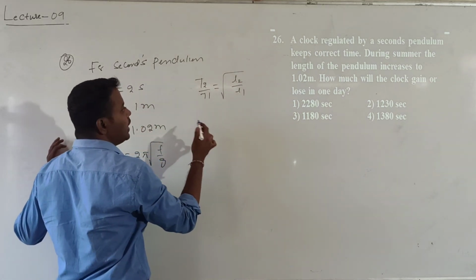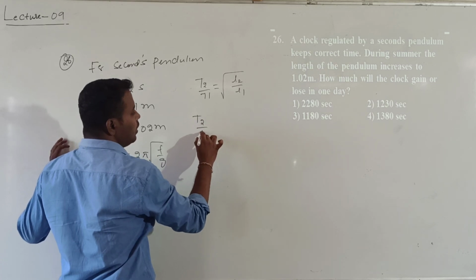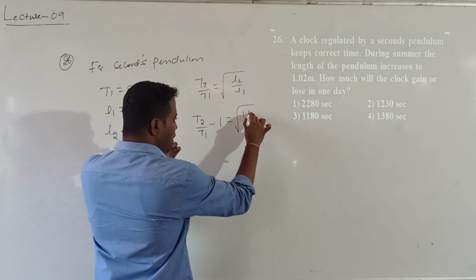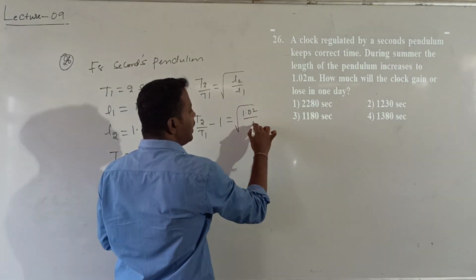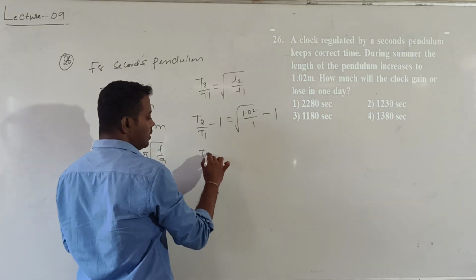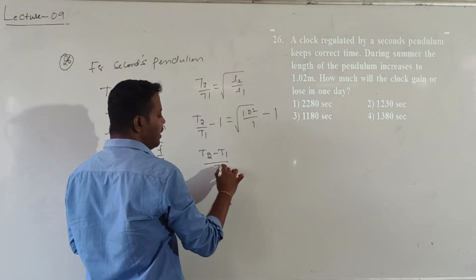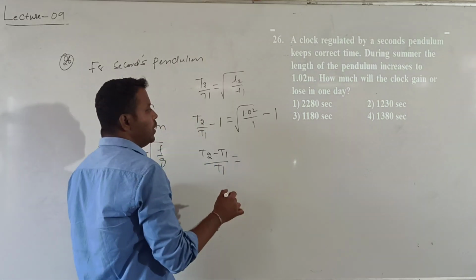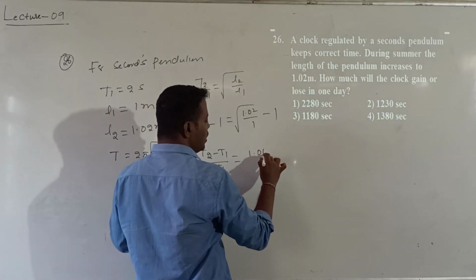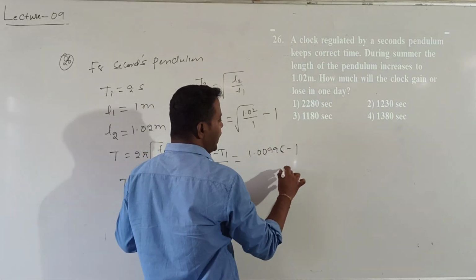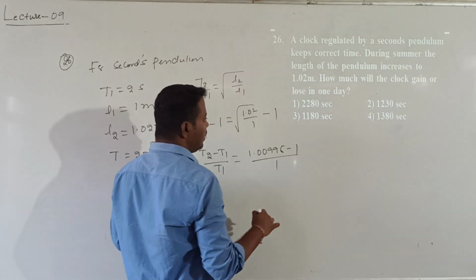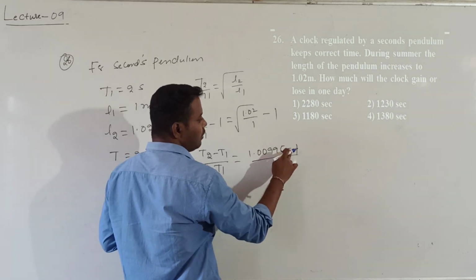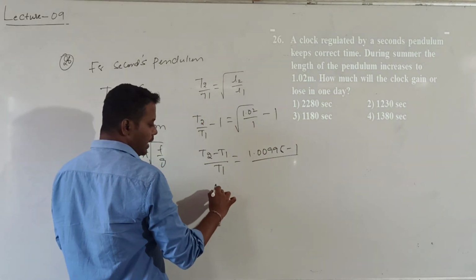If I want to calculate the loss of time, T2 minus T1 divided by T1 is equal to root over L2 value 1.02 by 1, minus 1. The value 1.02 is also very close to 1. So the root value is 1.00995 minus 1, which is given by delta T.